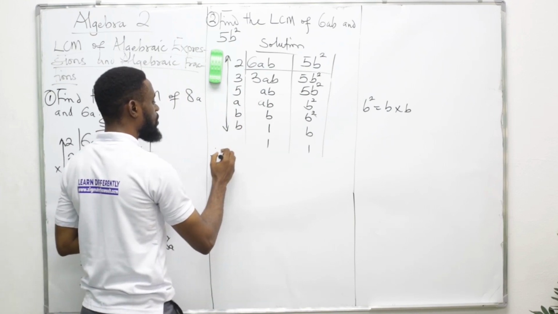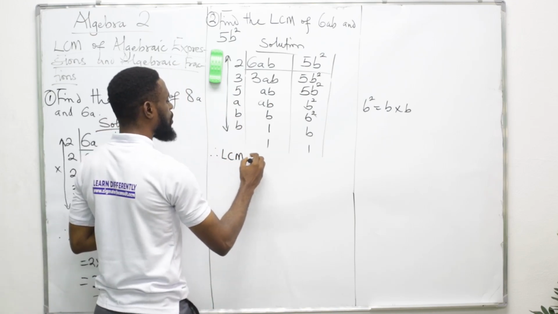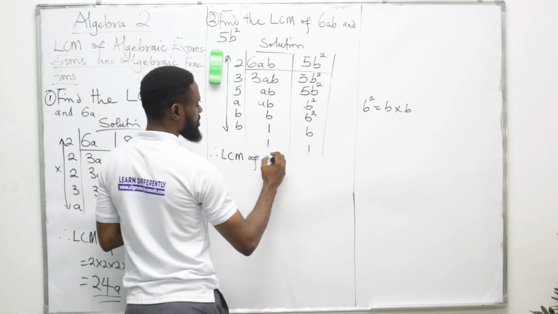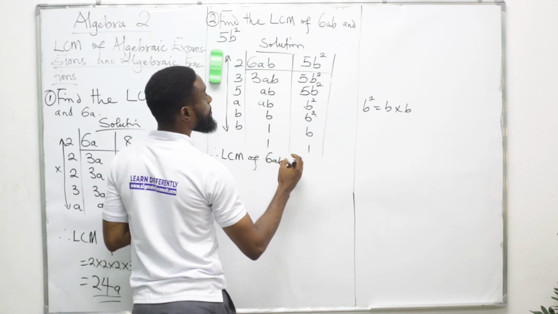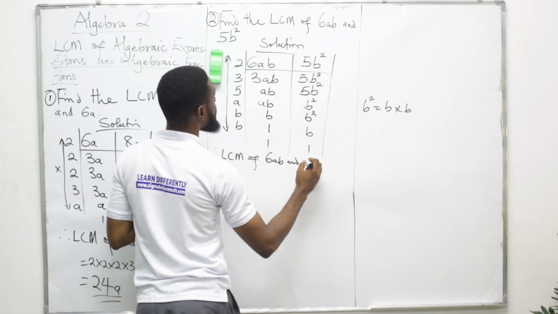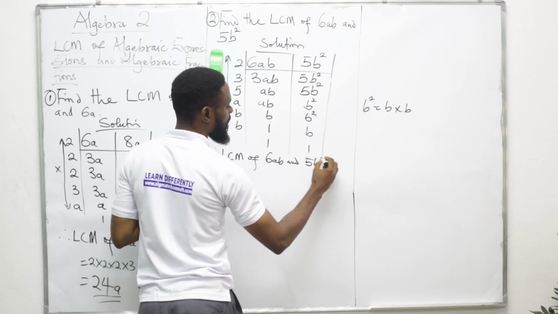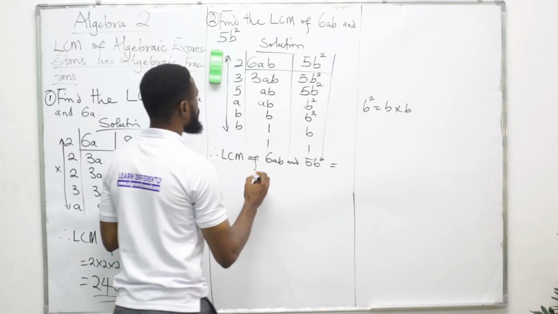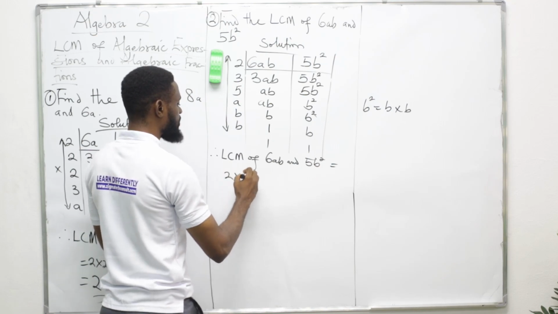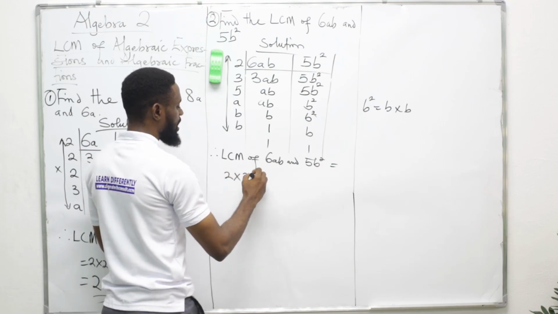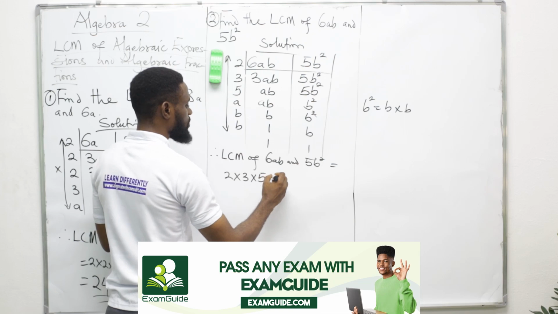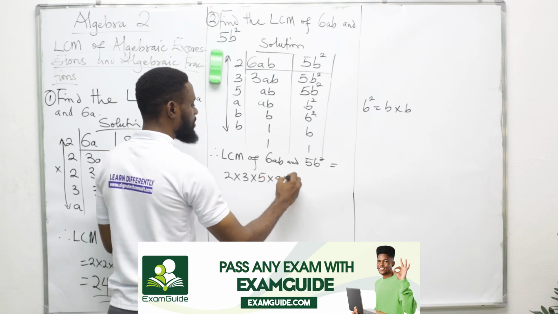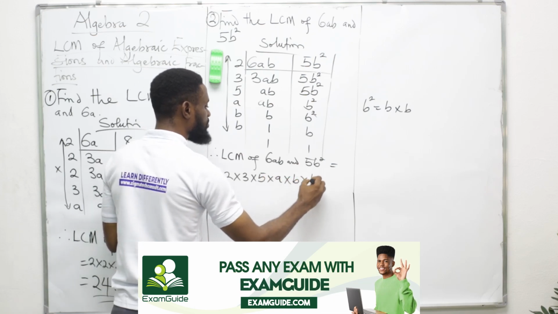So we say, therefore, LCM of 6ab and 5b squared is equal to 2 times 3 times 5 times a times b times b.